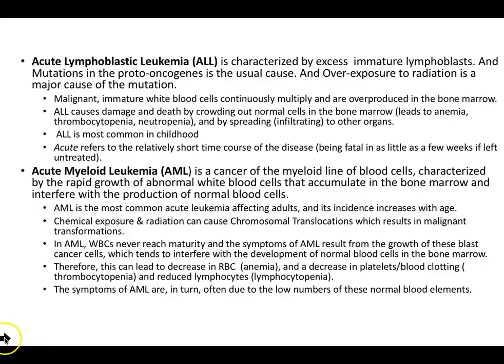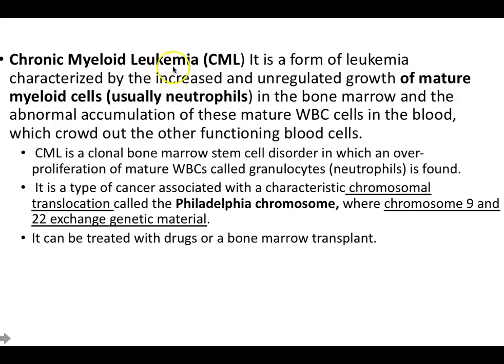And then when you get to chronic myeloid leukemia, which is adult, old age, it's a form whereby you have unregulated growth of mature myeloid cells, usually neutrophils, but in such an amount that, again, they crowd out all the normal cells. Do I want you to know about the Philadelphia chromosome? Yes. For a 2-point question, it's the most famous chromosomal translocation.